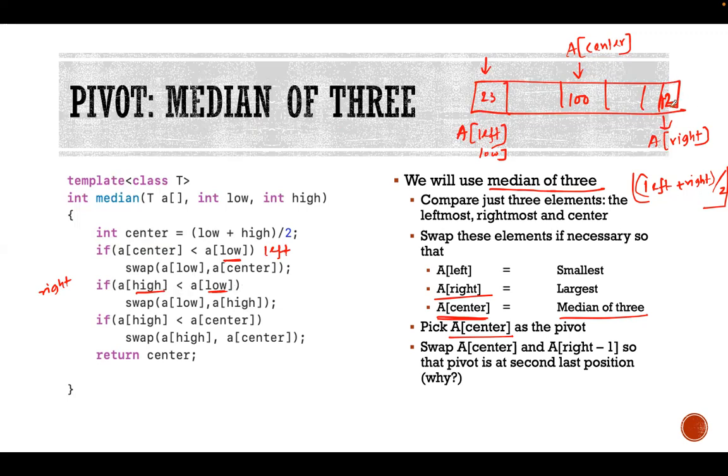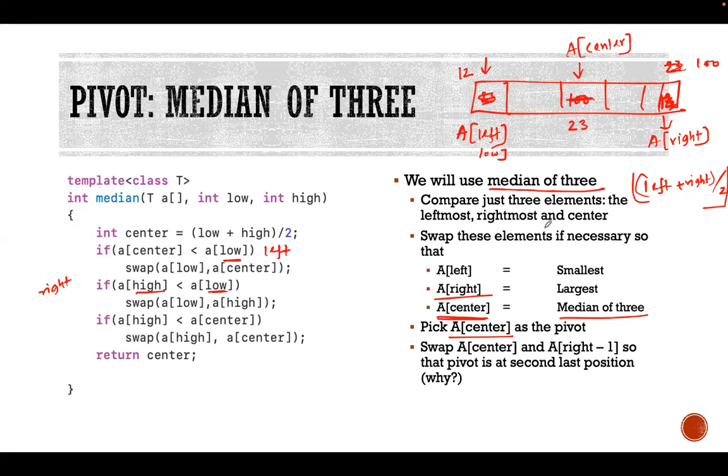Here you can see that a[high] is less than a[low], so we bring 12 here and we bring 23 here. Now if a[high] is less than a[center], we again do the swapping. 23 is less than the center, so again we do the swapping, 23 and 100.